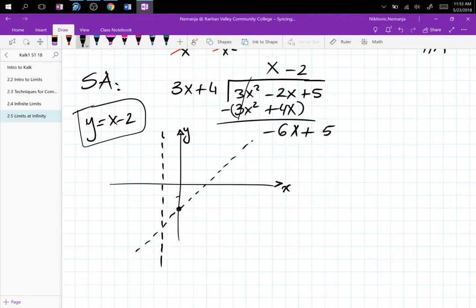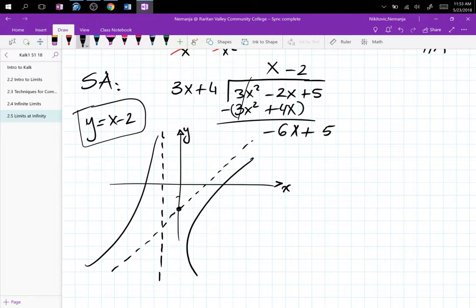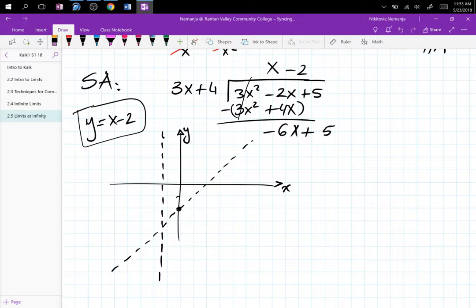So now, your function is either going to be like this, or it's going to be like that, right? That depends on the other things that you find, because you might find no x-intercepts. Well, you clearly can't draw this because you just made an x-intercept there, right?